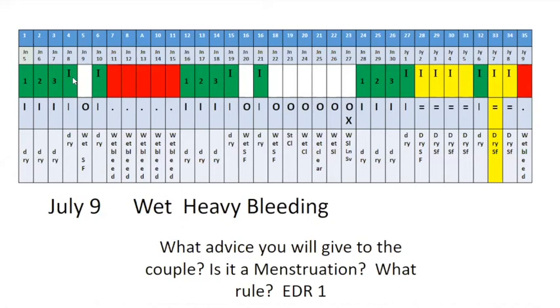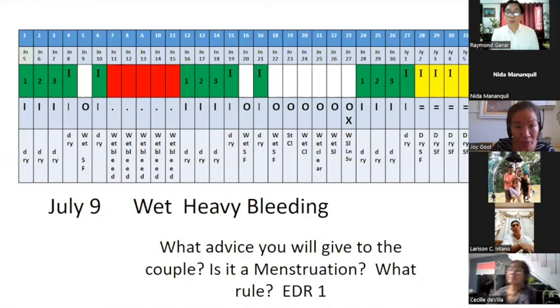After the 3 days of abstaining, if they will have intercourse, it should be at what time? Between 6 to 12. So not 12:01. When we speak of night, we have a time frame, 6 p.m. until 12 midnight.